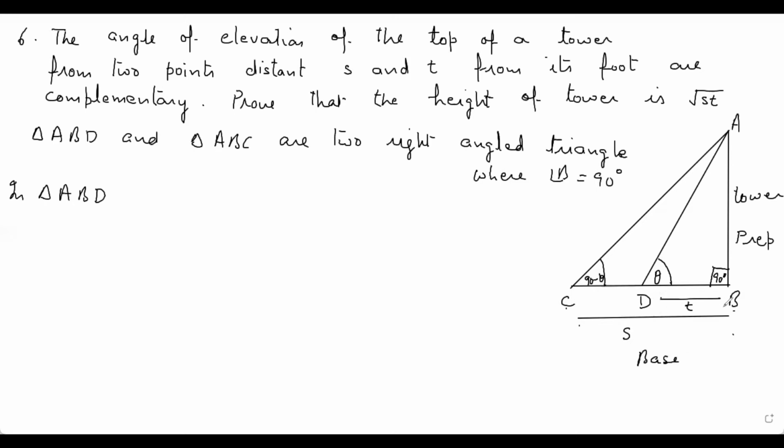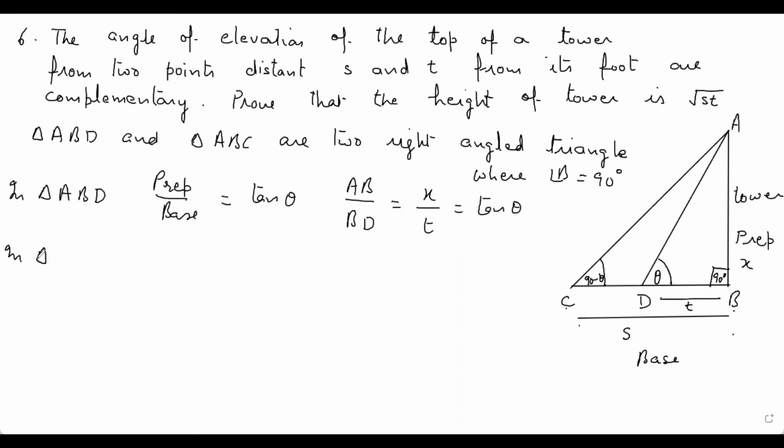Perpendicular upon base is equal to tan theta. Let this perpendicular be X. Here perpendicular is AB, base is BD. AB is X and BD is T. That is equal to tan theta.